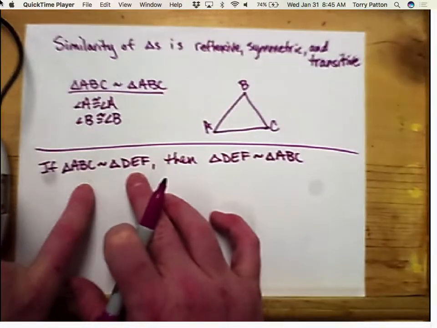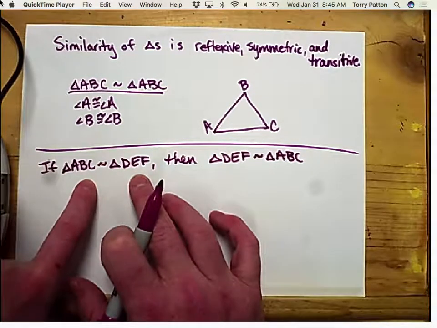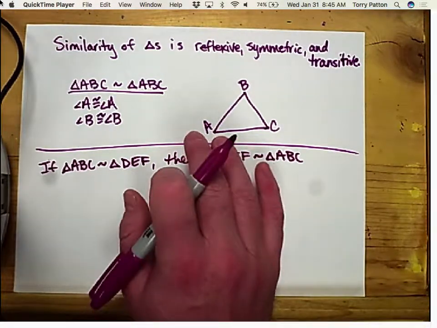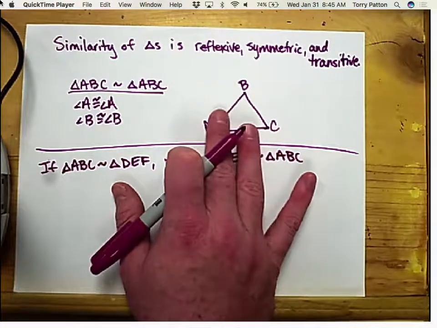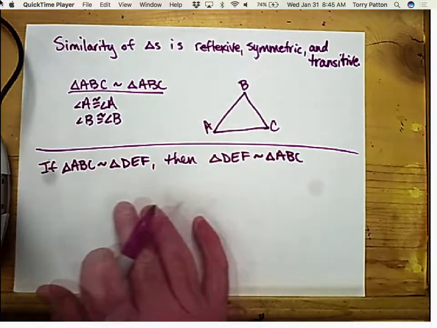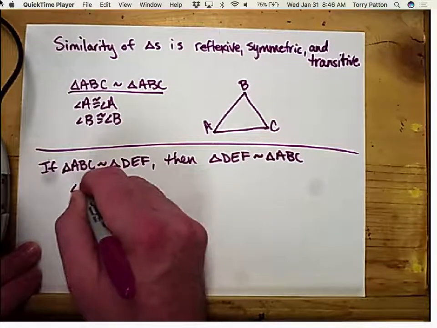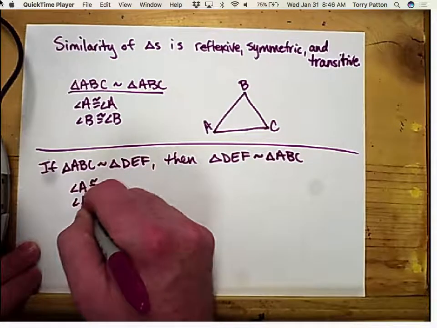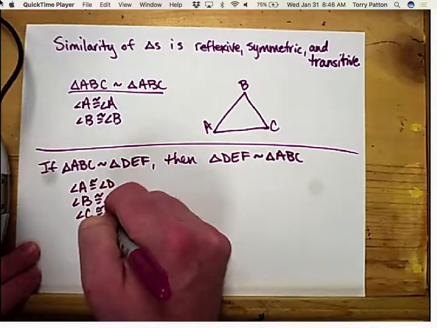If these two triangles are similar, what do we know? All their sides are proportional, all their angles are congruent. If you can do angles, always do angles, because you only have to prove two of them and you're done. So what do we know about the angles of these two triangles? We know that angle A is congruent to angle D, angle B is congruent to angle E, and angle C is congruent to angle F, correct?